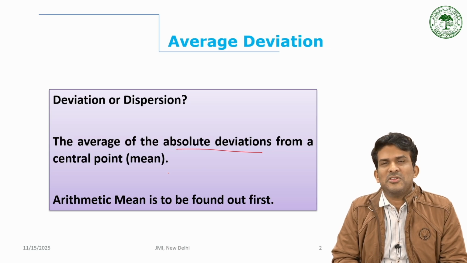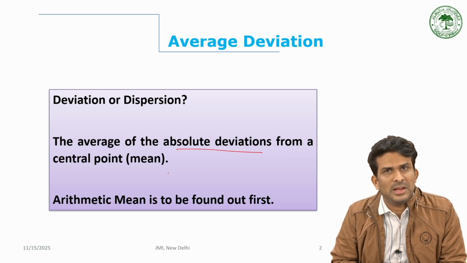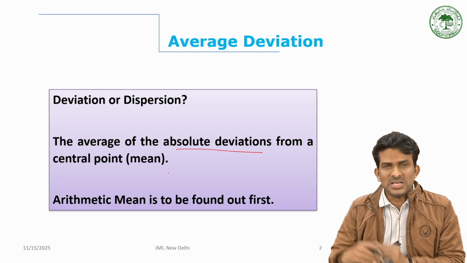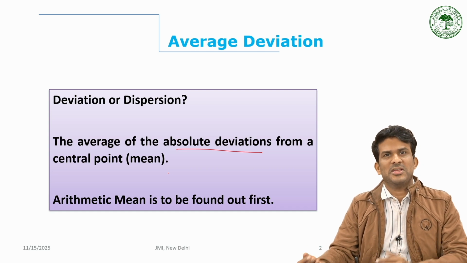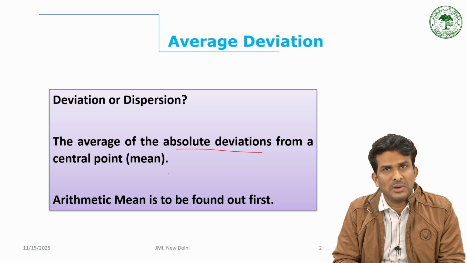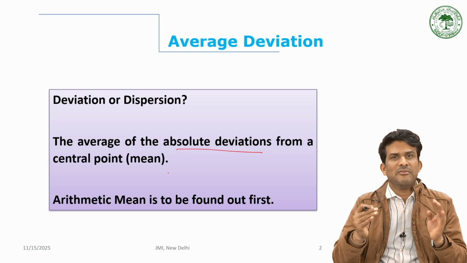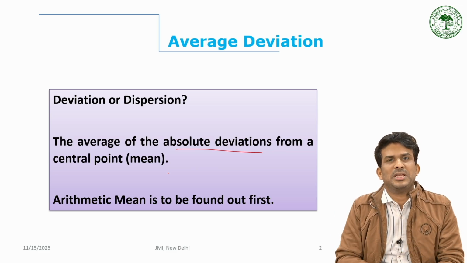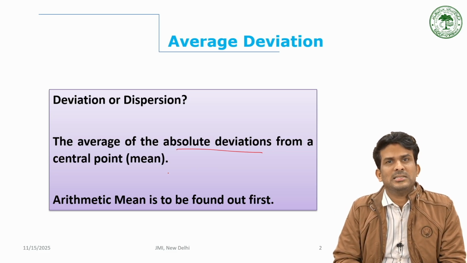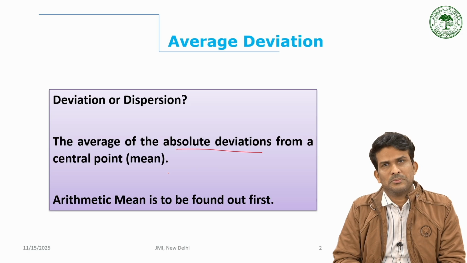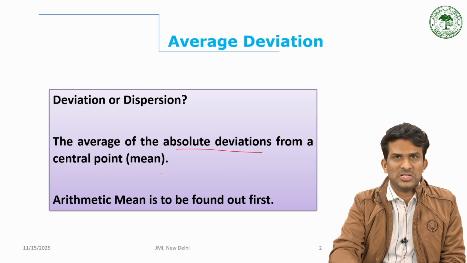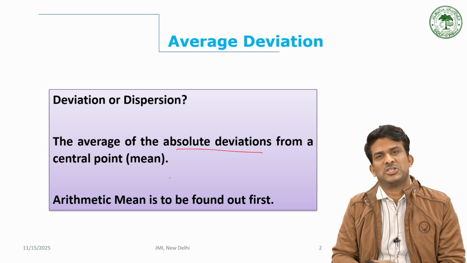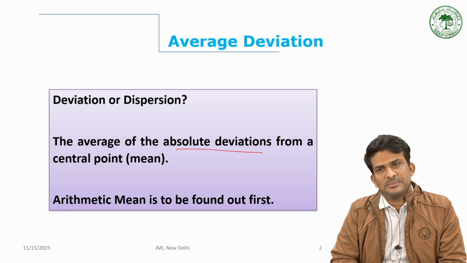Similarly, for standard deviation also we have to calculate the arithmetic mean. We take the difference between each measure and the arithmetic mean of the group.